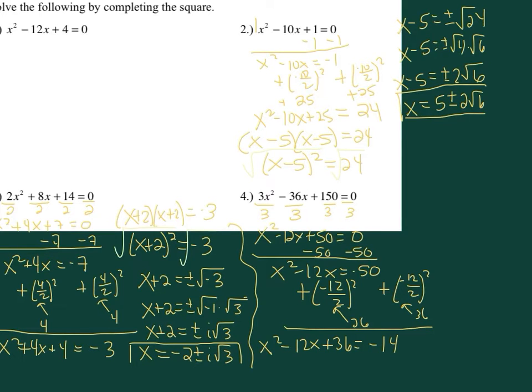So again, I've got a negative as my constant on the right-hand side of the equation, so I'm thinking I'll end up with an imaginary unit in there. We're going to factor the x squared minus 12x plus 36 into x minus 6 quantity squared equals negative 14, so that we've successfully completed the square. Now we solve via square roots. We take the square root of both sides. So x minus 6 equals plus or minus the square root of negative 14.